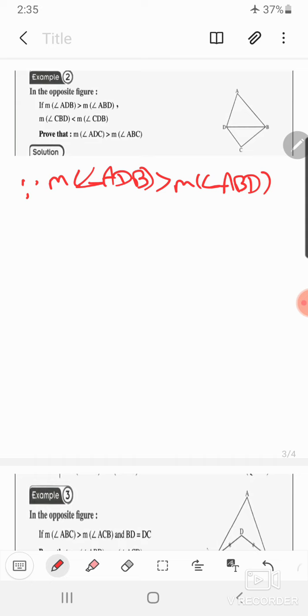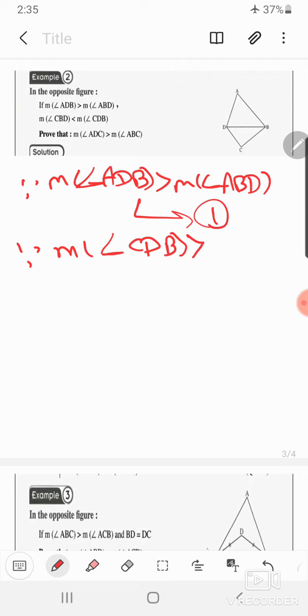I will name it number one. And since also measure angle CDB is greater than measure angle CBD, I will name it number 2.